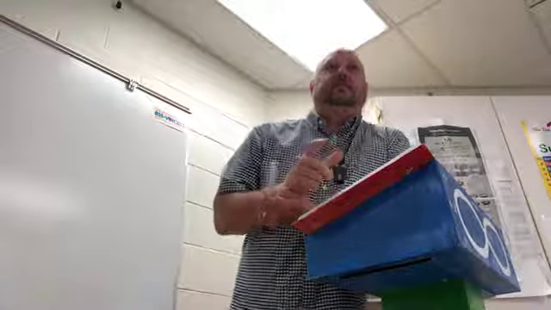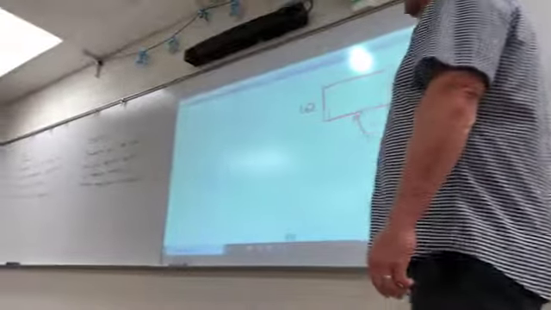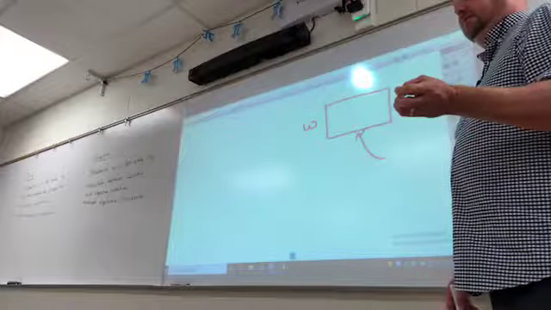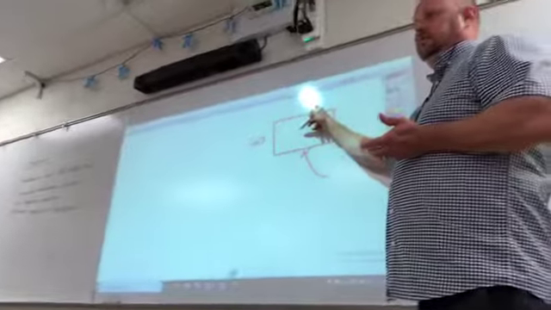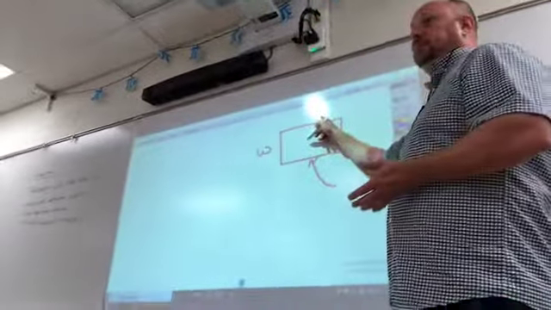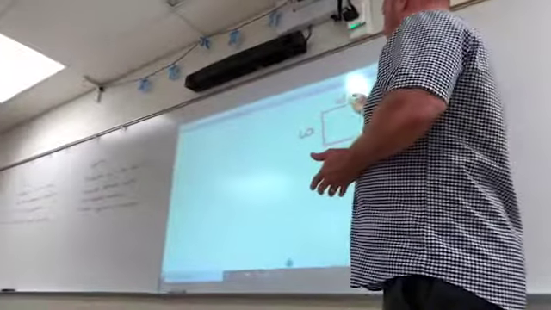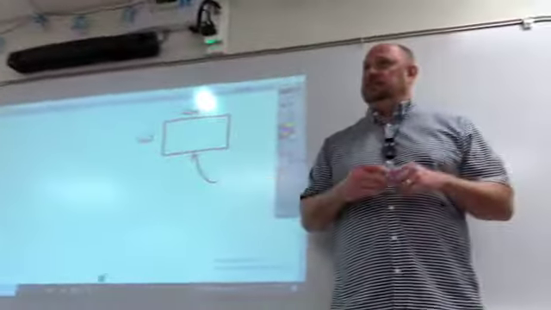What do you do with the W? I said the length is 4 inches greater than the width. What does 4 inches greater than mean? Add, subtract, multiply, or divide? Add. So this is just going to be W plus 4. Make sense?